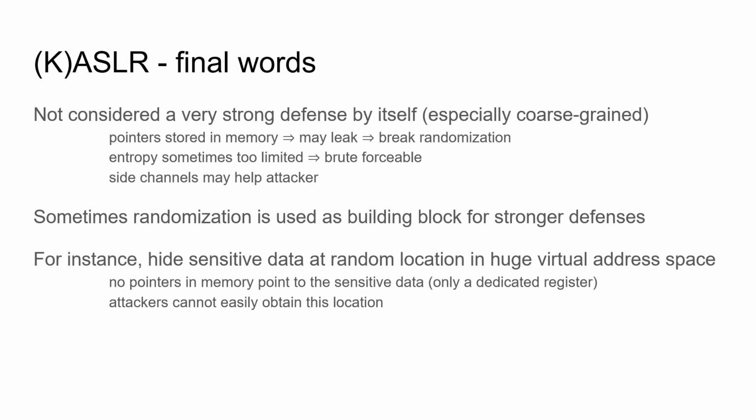However, it doesn't mean that randomization is not important. A number of new defenses have been proposed that do not just rely on address space layout randomization, but use randomization for building stronger defenses.